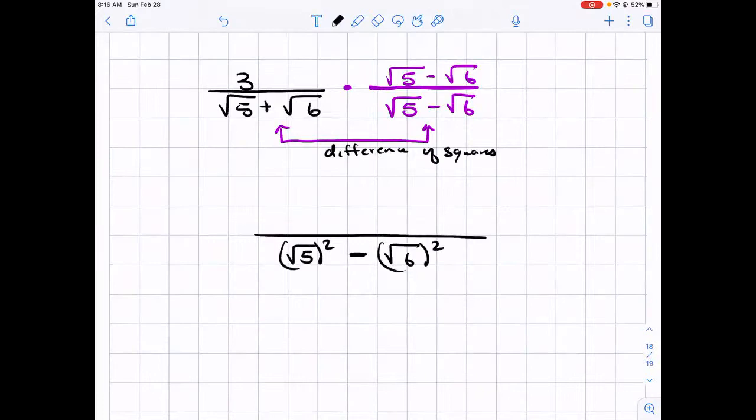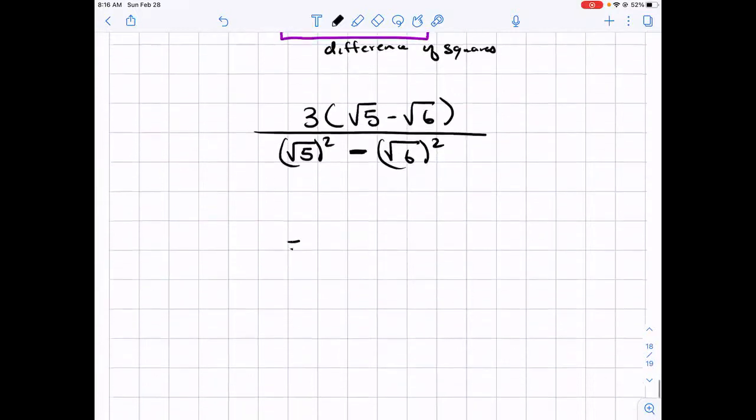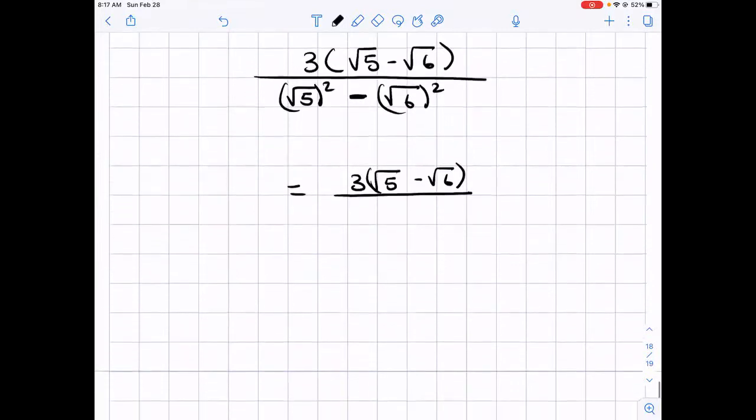And the numerator, we'll just write as 3 times the square root of 5 minus the square root of 6. I don't multiply it at the top because, like I said, sometimes they will be simplified, so I leave the multiplication for the simplification. So this will become 5, and this will become 6.